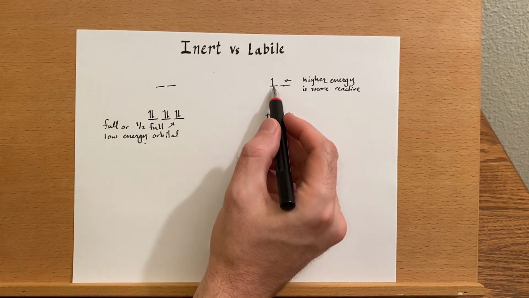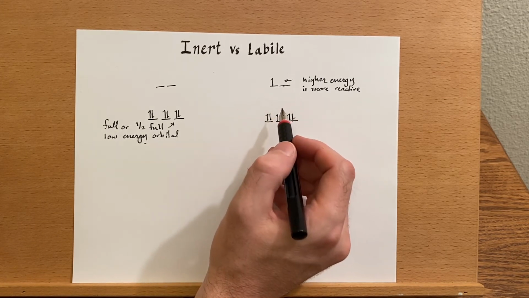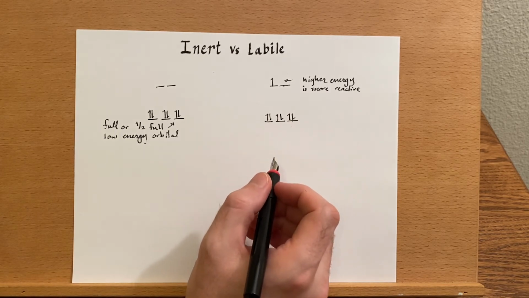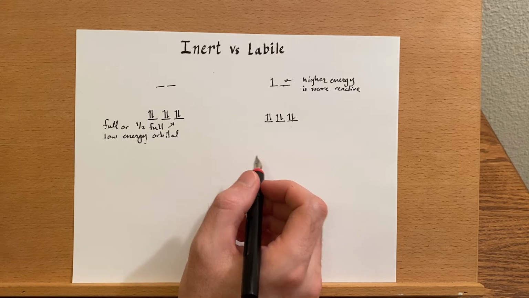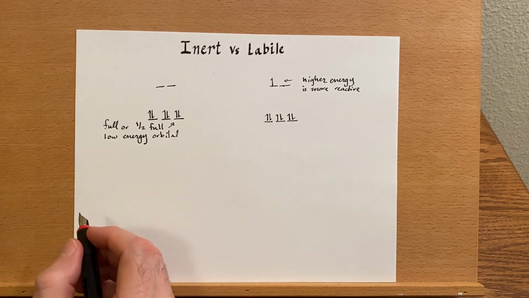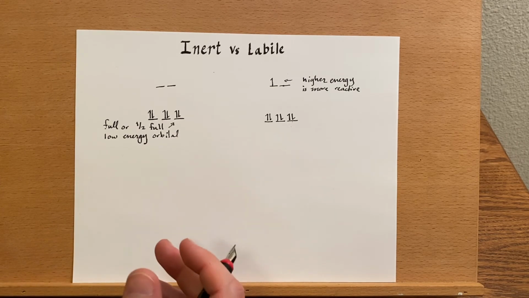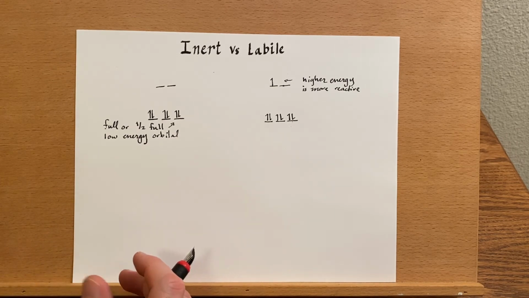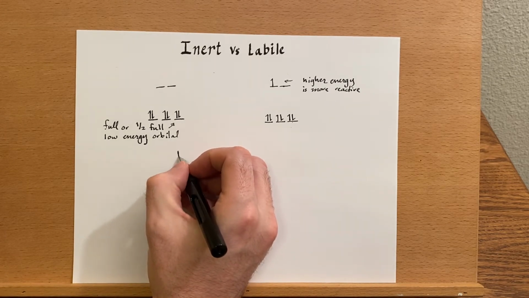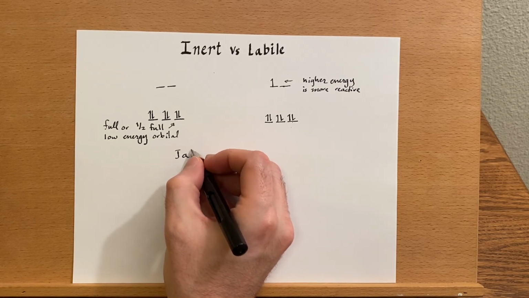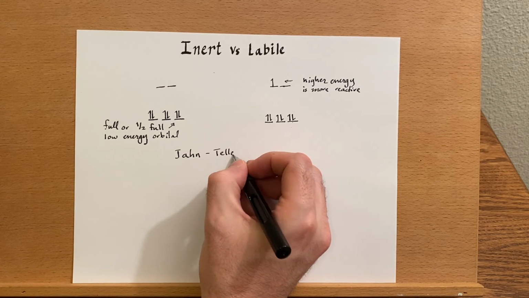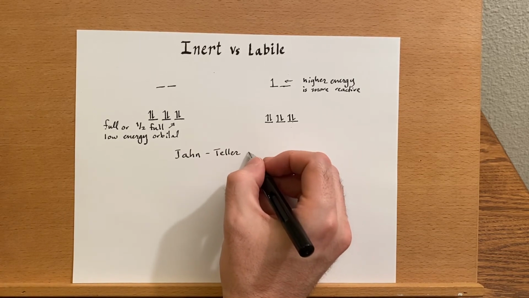It's because this orbital ends up shifting. And when that happens, it has to change the geometry of the metal. So that process has a name, and it's called a Jahn-Teller distortion.